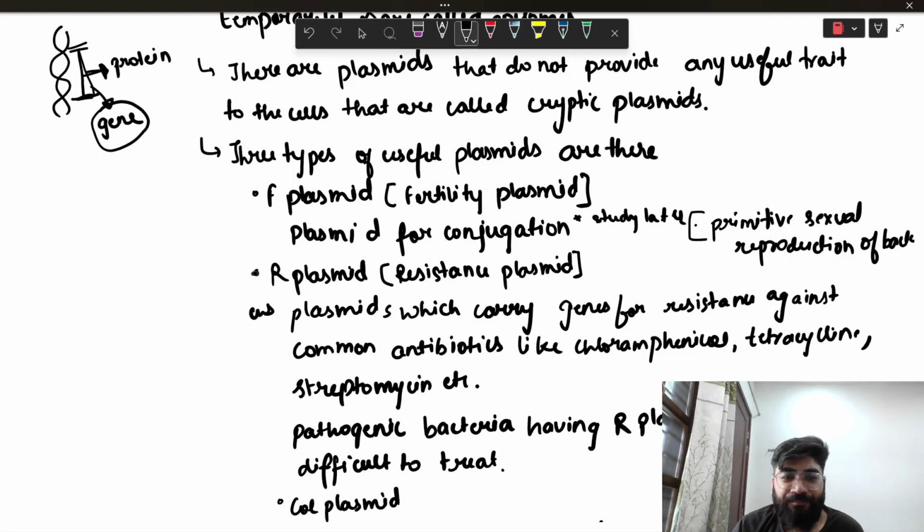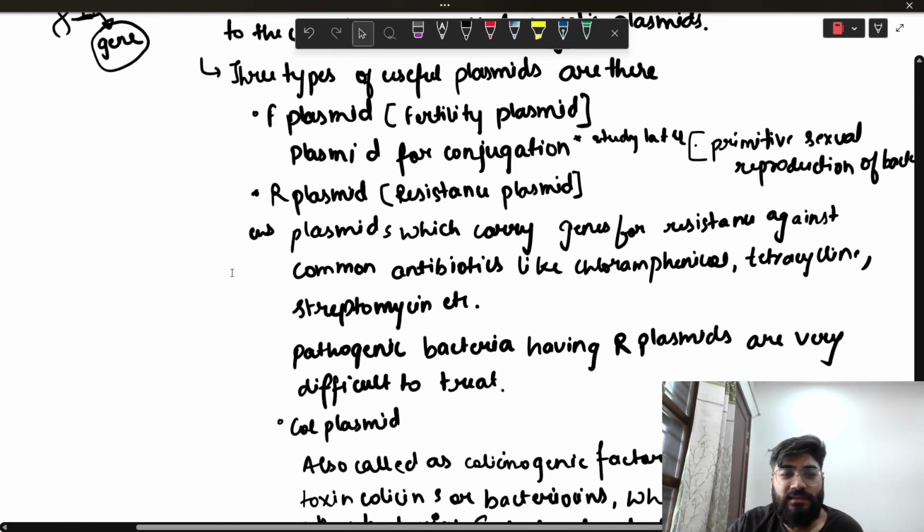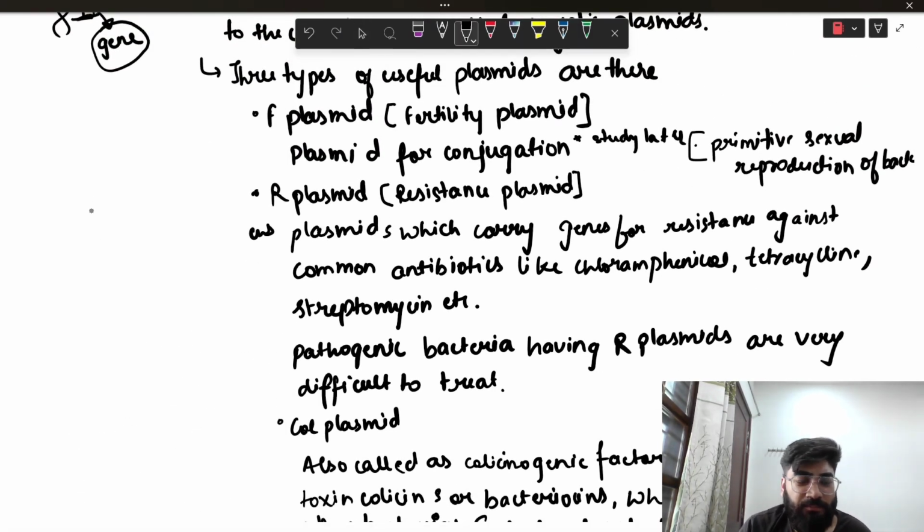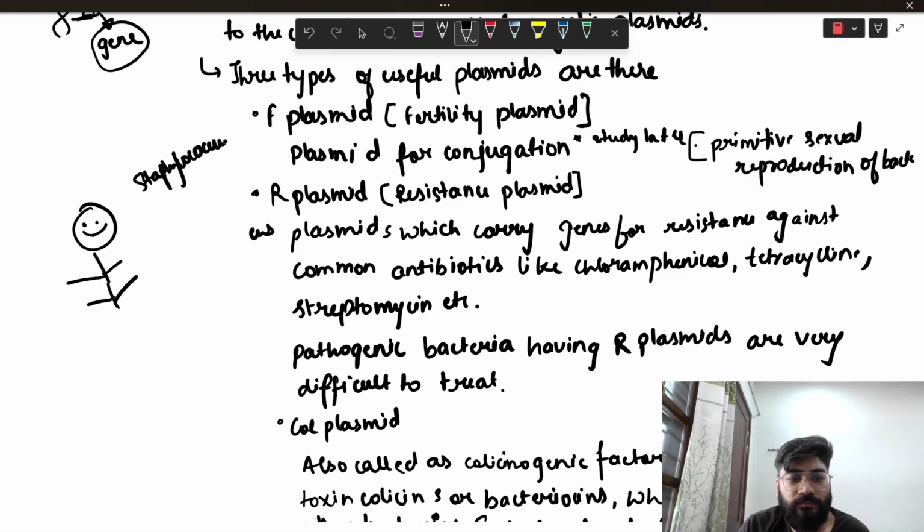So let's say we have a person who has developed a Staphylococcus aureus infection. Let's say we are going to give that person the antibiotic penicillin to treat it.